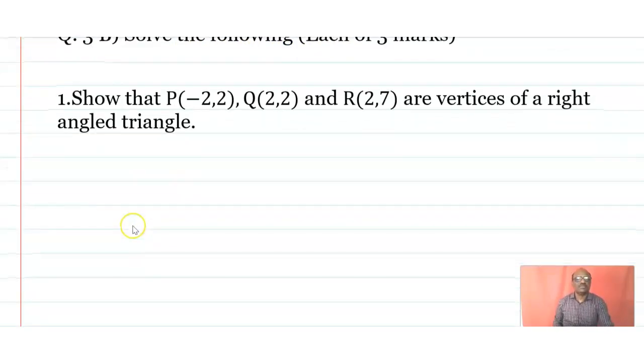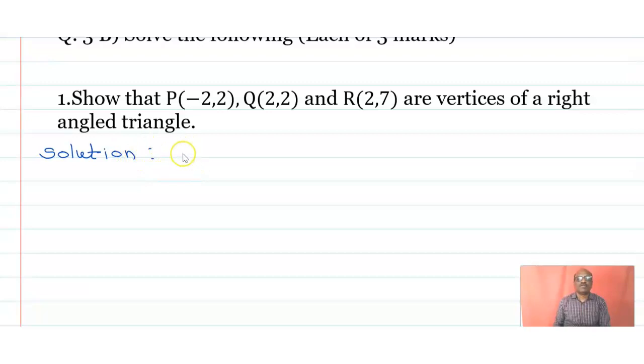Okay. Show that P(-2, 2), Q(2, 2), R(2, 7) are vertices of a right angle triangle. Now the solution. Okay.